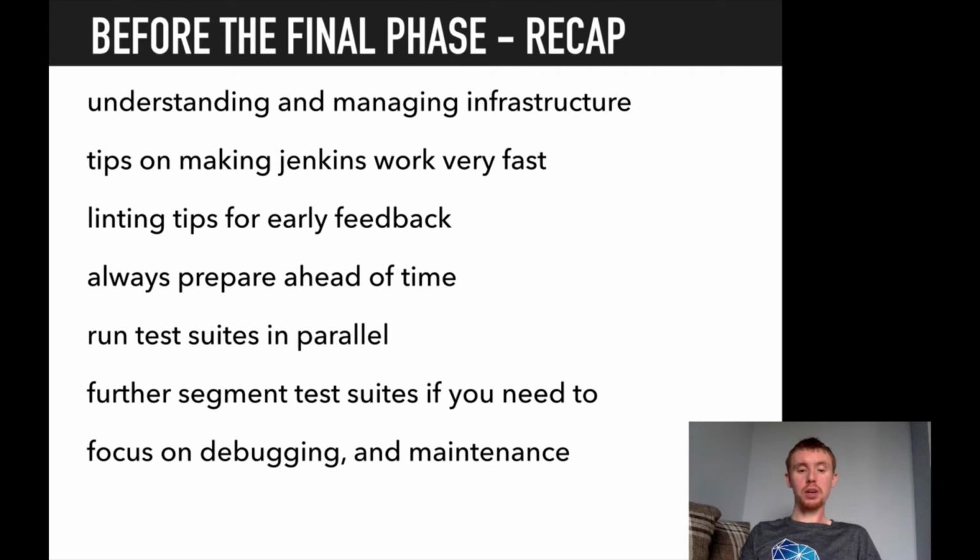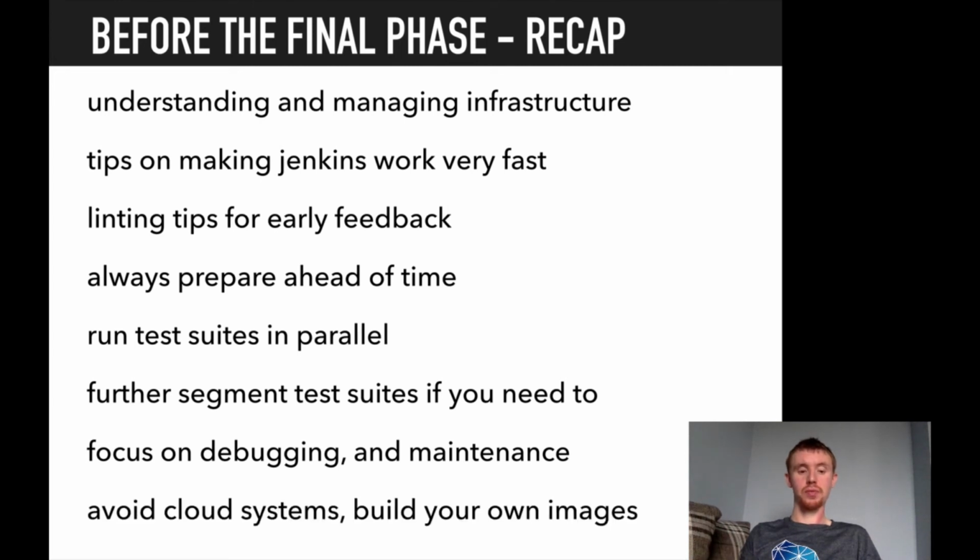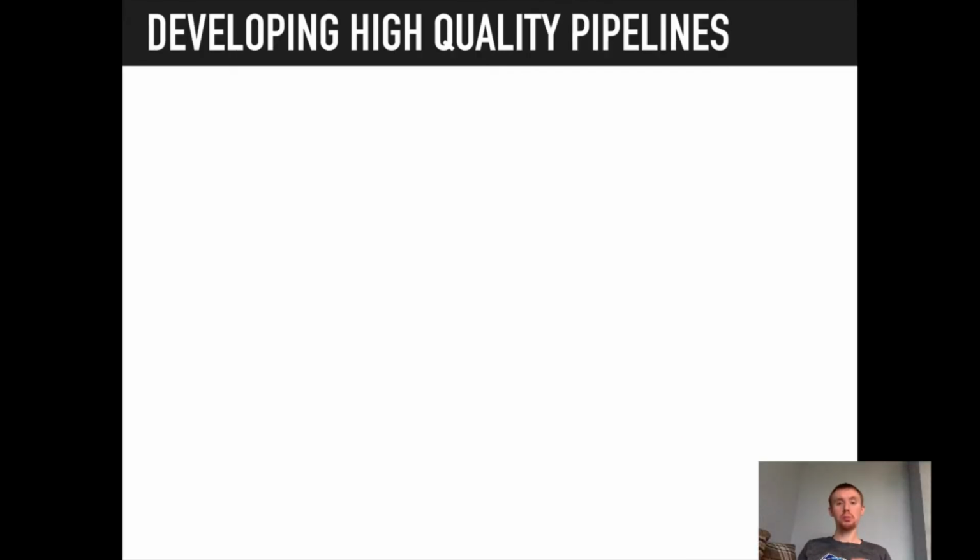With a focus on debugging and maintenance we've had so far, you're about to see more focus on debugging and maintenance in the final phase. And lastly, where possible, try to avoid cloud systems and build your own Docker images, because you have everything you need, and that will cut down a lot of time. So now we're going to move on to the last part of the talk about developing high quality pipelines.